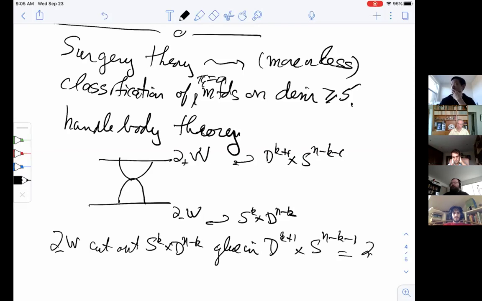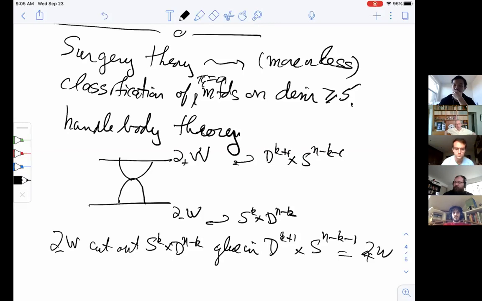That's boundary plus W. That's the effect of passing a single critical point of index K in a cobordism. And this operation of cutting out the tubular neighborhood of a sphere, which has a product structure, and gluing back in the product in the other order, is called a surgery.